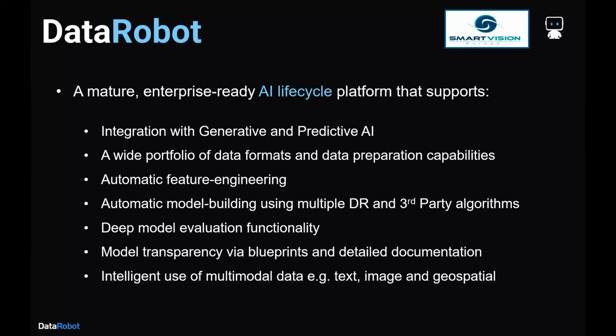I'm quite impressed by the fact that you can really dig deep into how a predictive model is performing and interrogate it. It has a strong emphasis on transparency of models, so being able to look inside the model and see how that particular model's been built via what it calls blueprints, and a lot of detailed documentation around the various settings of the model.